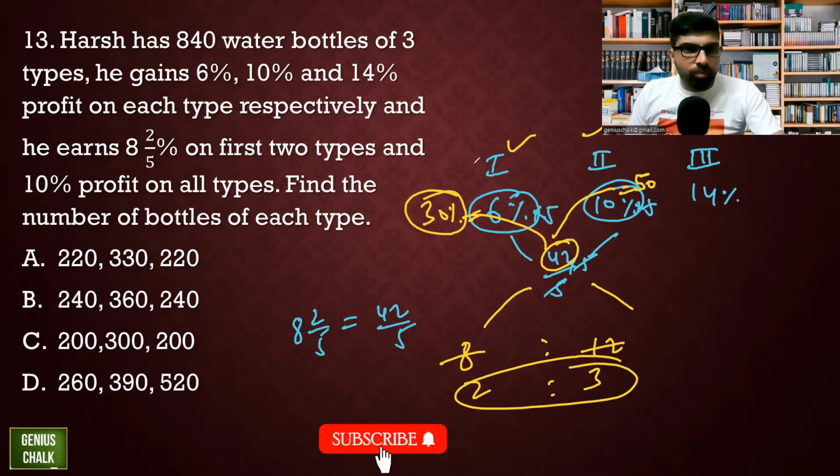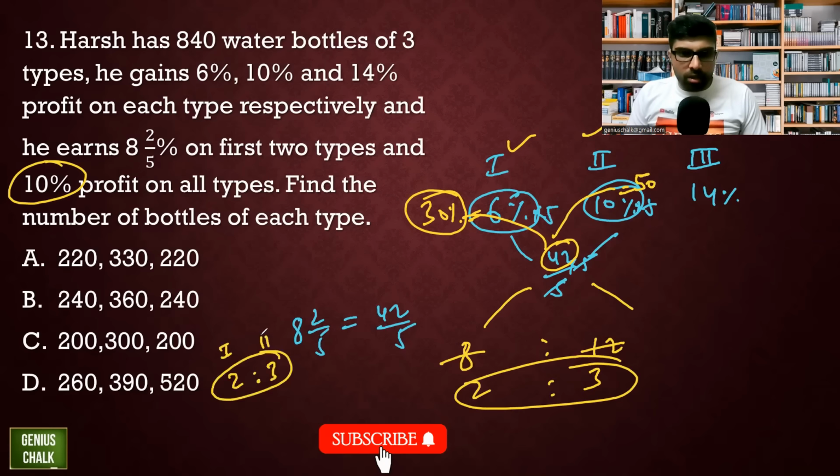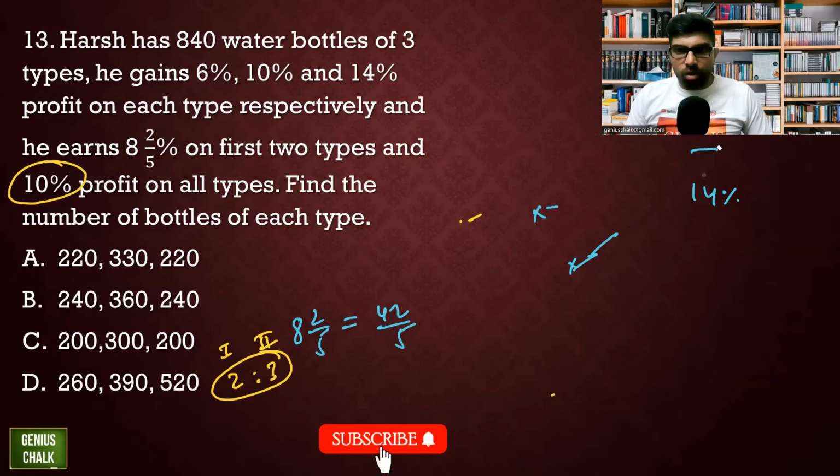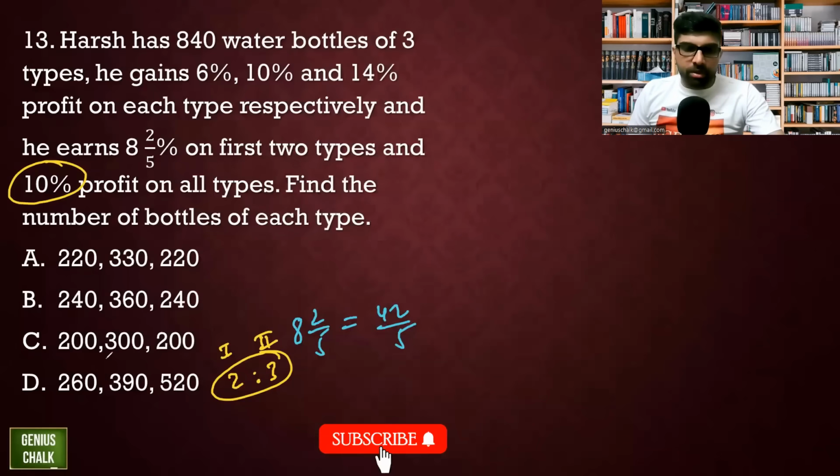Now overall is giving 10% profit. So where will 10 lie? So let's check the third one. First ratio I will write here, 2:3, the first and second ratio. Now let's check for the overall. 10% profit on all types.